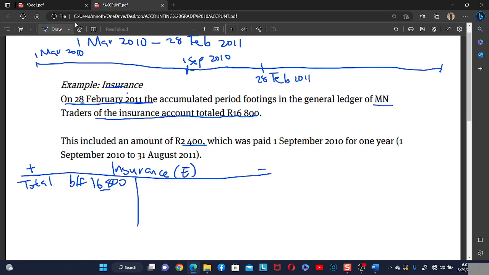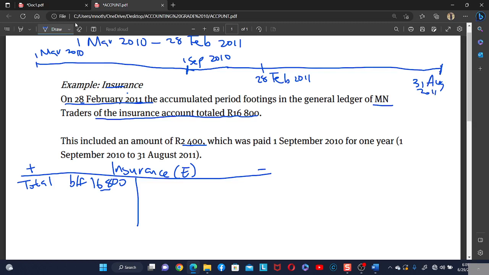It's from 1 September 2010 to 31 August 2011. So they are saying that this 2,400 is for the months of 1 September to 31 August 2011.